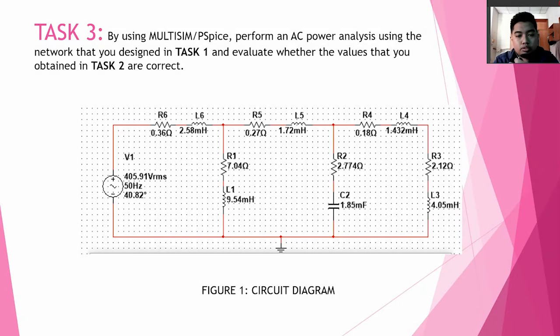Okay, for the simulation in task 3, we use Multisim to perform AC analysis of the circuit that we designed in task 1 and evaluate whether the values in task 2 are correct. So this is the circuit diagram that we mentioned earlier. All values are stated on each component.